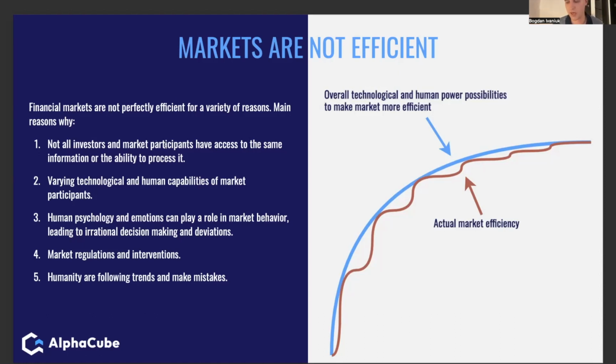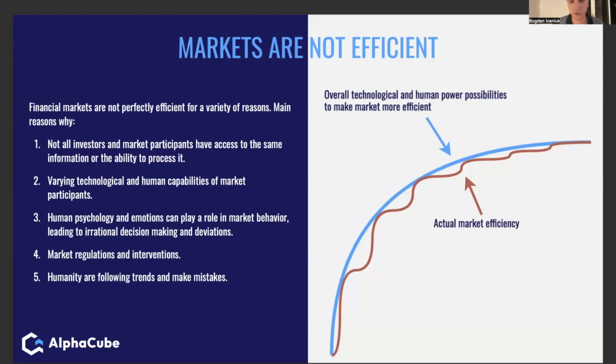That's why this is not the true price of the current asset. So we can predict the fair price and trade against it, or otherwise we can trade along with the trend, during its continuation. That's why the market is actually not efficient.